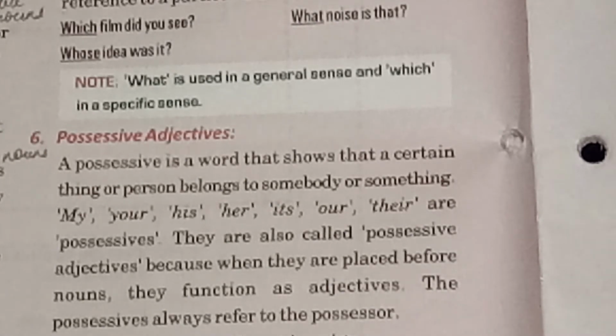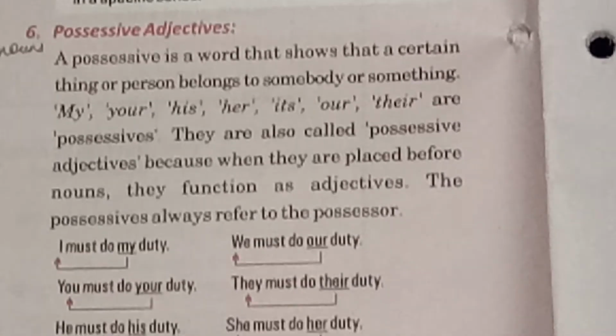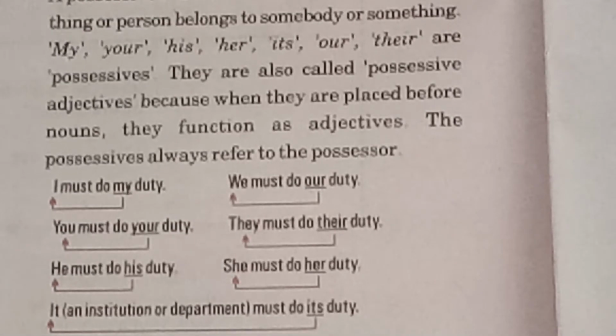But same rule comes here कि अगर these words are associated, बिल्कुल connected with a noun, then they are possessive adjectives, and if they are connected with a verb, then they become possessive pronouns. Right?